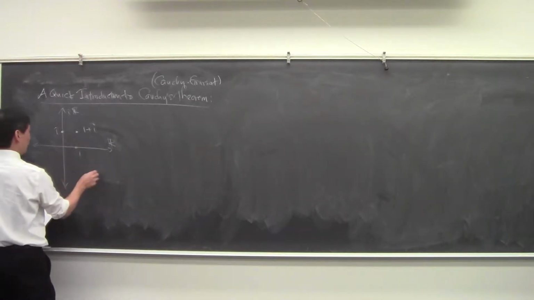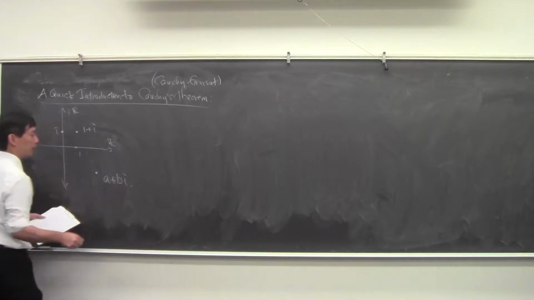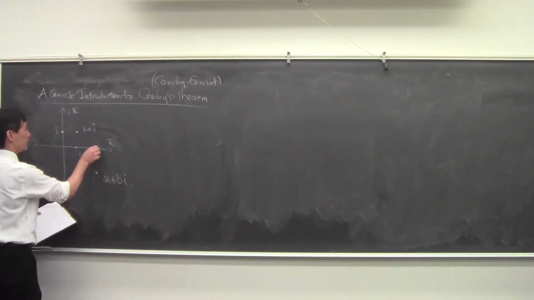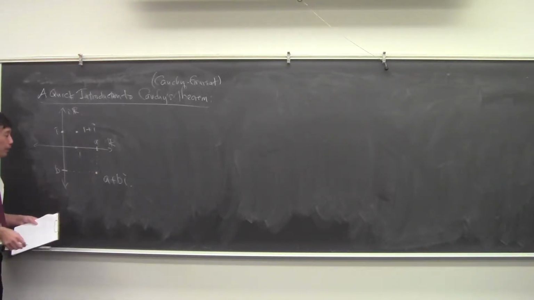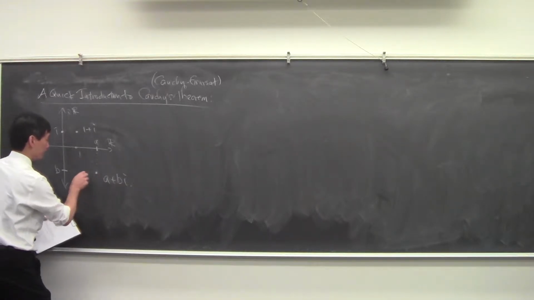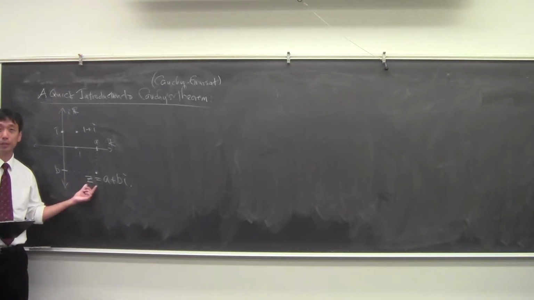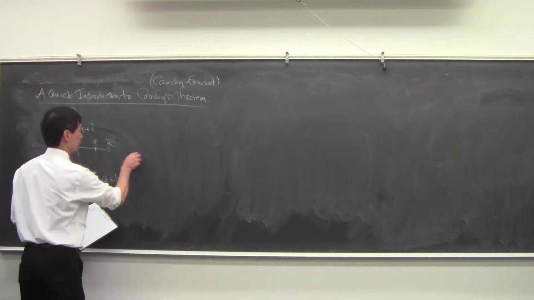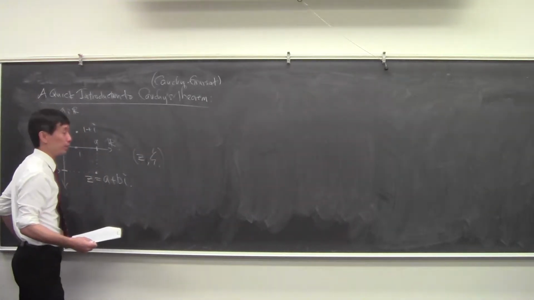If you have some point here, a plus bi, this is your a, and this is your b. One usually uses z as your variable in complex numbers. Either z or zeta are used as your variables.